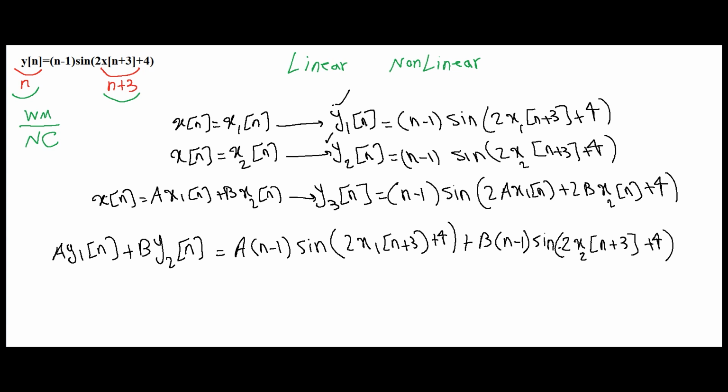Now, to determine whether the system is linear, we compare y3[n] with a y1[n] plus b y2[n]. If they are equal, the system is linear. If they are not equal, the system is nonlinear. When you compare them, you see they are not equal. Therefore, the system is nonlinear.